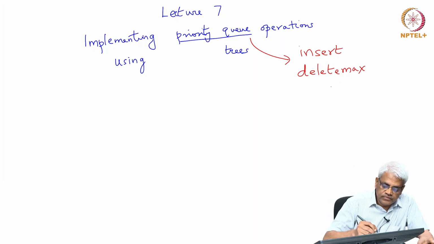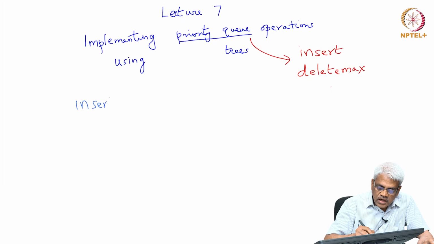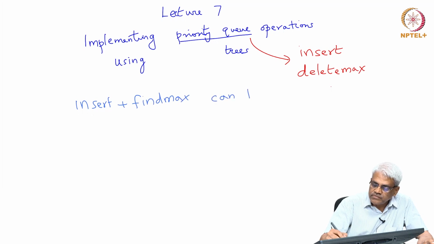Okay. So what we saw was that if you really want to insert and find max, not just delete max, but just find max, can be done in constant time.